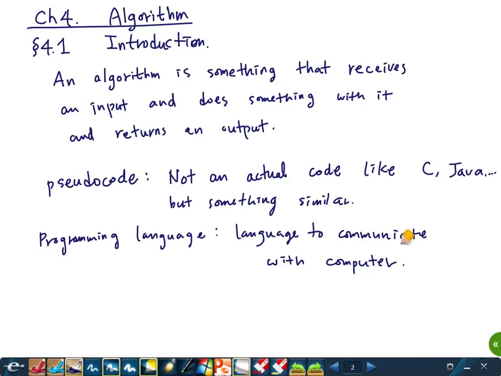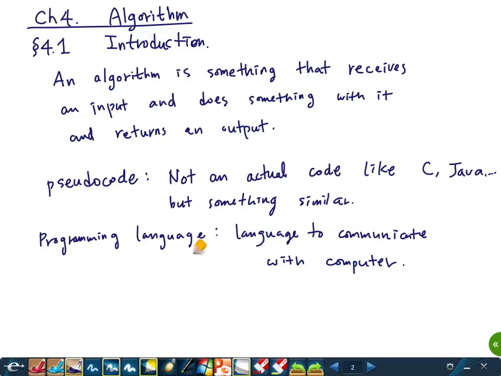For Korean people, we use Korean to communicate. If you want to tell your friend what you think, you just tell him or her your opinion in Korean. That's a language. A programming language is similar. That's why it's called a language. It's only between us, humans, and the computer. You want to convey your idea to the computer.